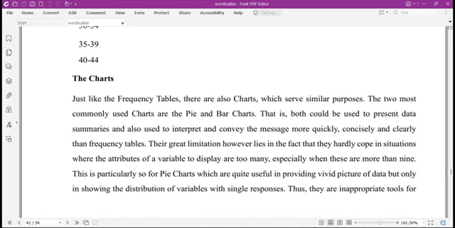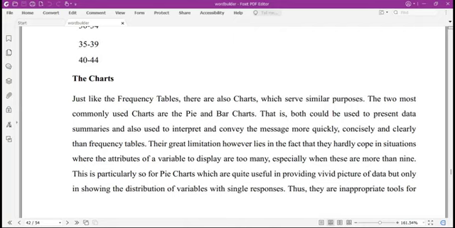A pie chart, like we said, is in the form of a circle, and the various data, the figures, are distributed in the form of segments of the circle. So the lower the number of data you have, the better. When you visualize it, you understand what is being talked about very easily.